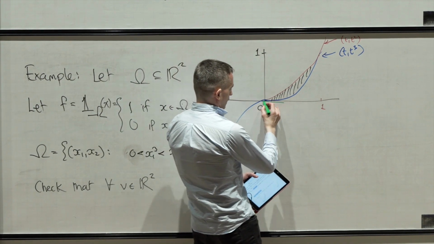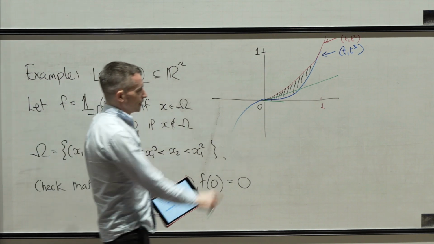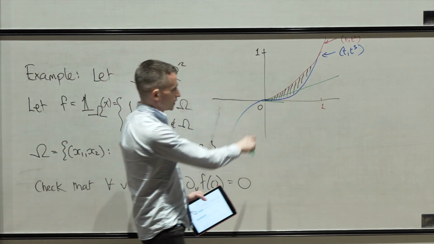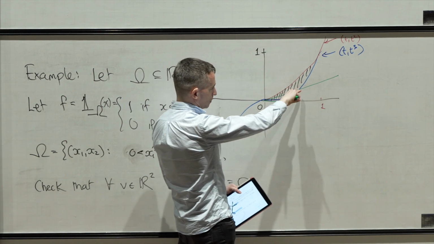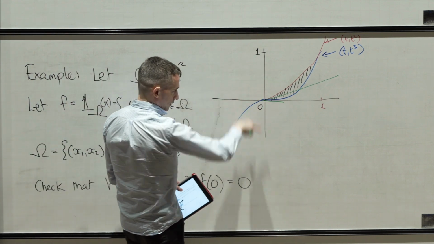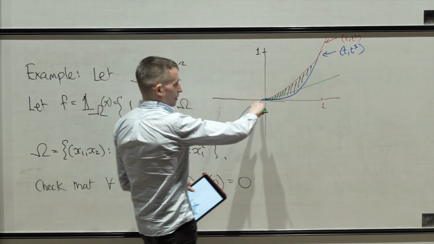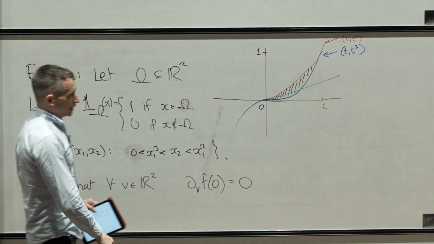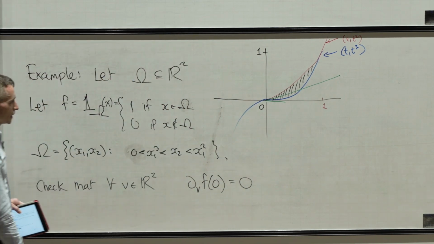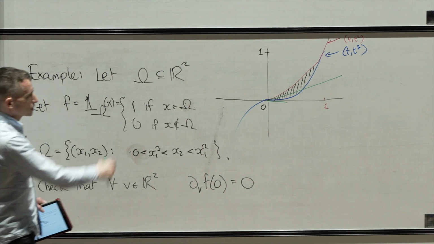If you take any line with positive slope, this is where the picture isn't very good, then if you just calculate, you see that there will be a portion of the line which lies inside omega, but because these tangents are horizontal at the origin, and this has positive slope, for very, very small multiples of your vector v, it will lie, if you like, above both the graph of x squared and x cubed.